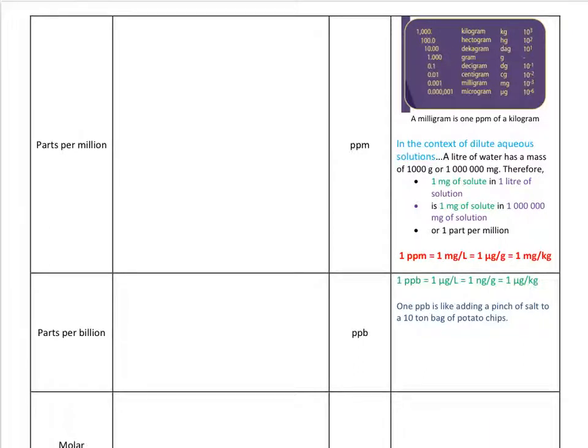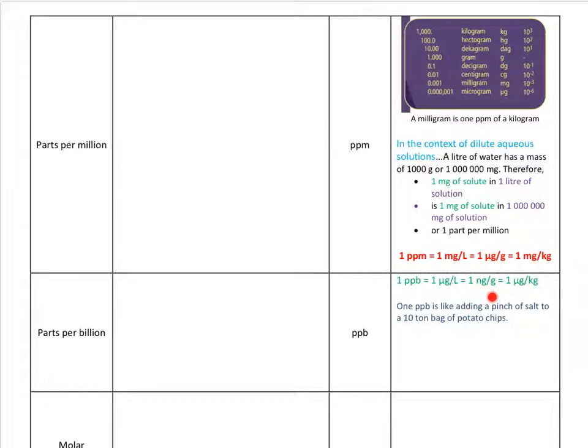And likewise with 1 part per billion, it's the exact same idea, it's 1,000 times smaller. So instead of having 1 milligram per liter like you do in 1 part per million, you would have 1 microgram per liter, and that would be equivalent to 1 part per billion, or 1 microgram per kilogram.